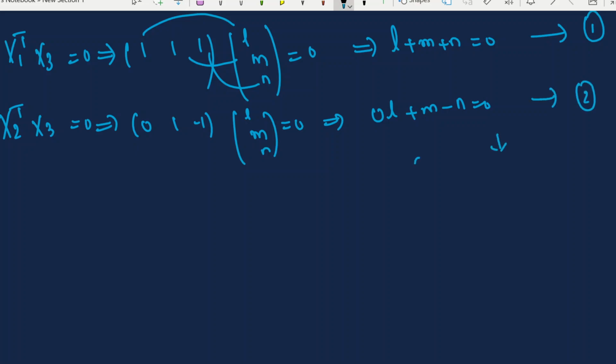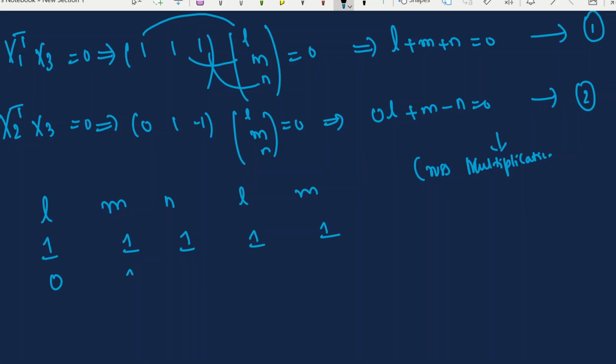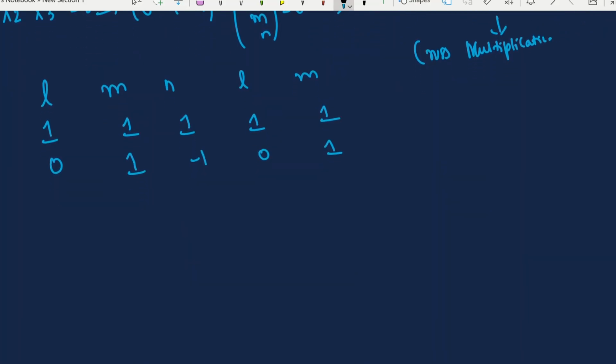Again do the cross product rule, the rule of cross multiplication, for these two equations. L, M, N, L, M. So 1, 1, 1, 1, 1. Second equation: 0, 1, negative 1, 0, 1. So L divided by, neglecting L, consider these two: negative 1 minus 1.